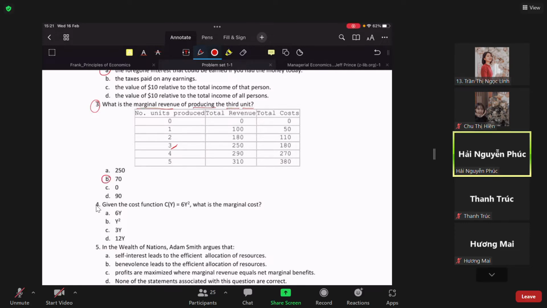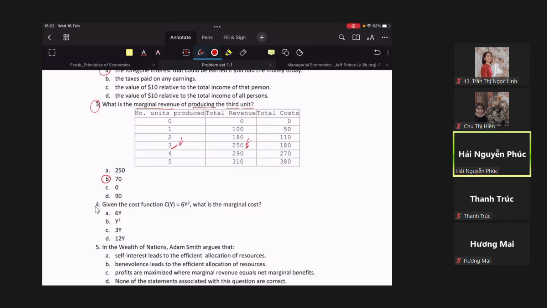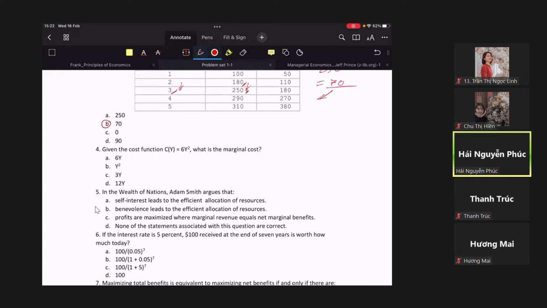You can see that at the third unit, it will get 250. So if you move from the second to the third, you will have an increase of 250 minus 180, and it is going to be equal to 70. This is the marginal revenue of producing the third unit. All right, that's good.